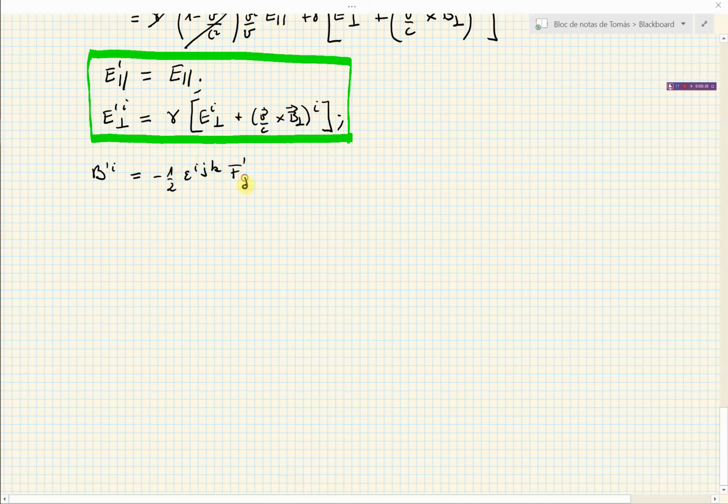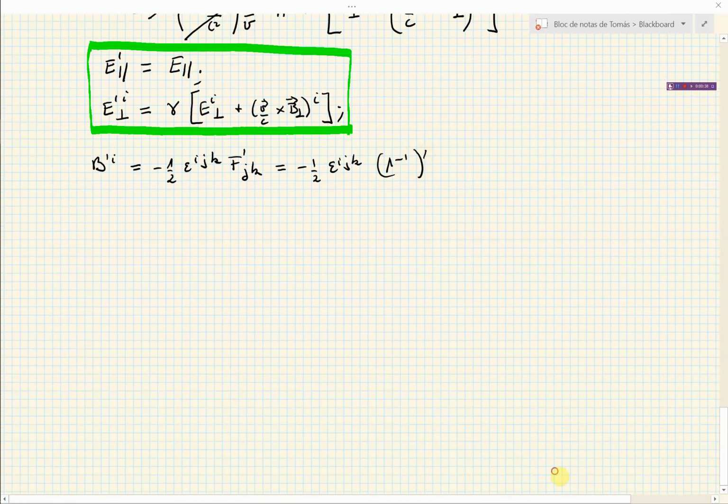So it corresponds to F prime, and we simply use the transformation rules of a covariant two tensor. So it transforms with lambda minus 1 and index mu, j, lambda minus 1 and index nu, k, and f mu nu.